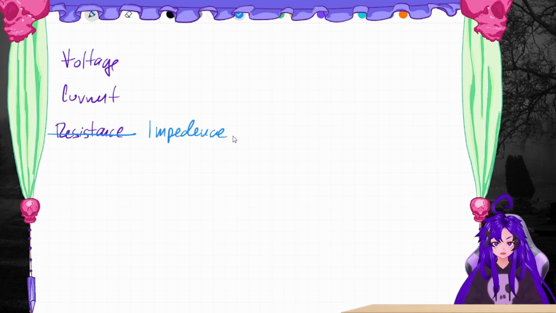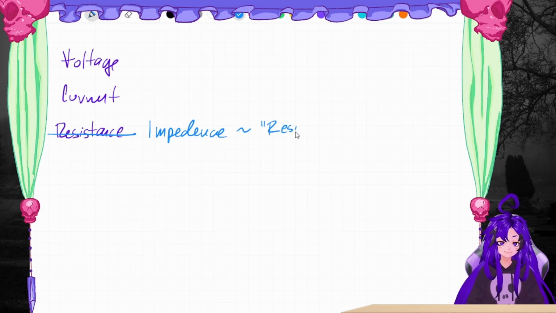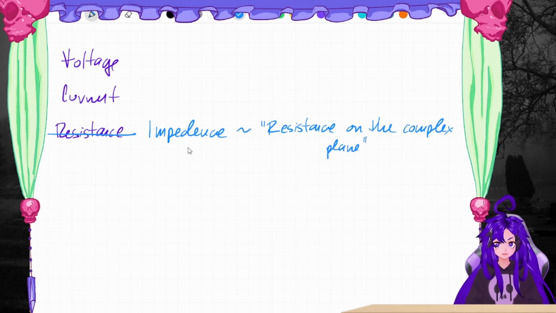And that's because impedance is the same thing as resistance. Impedance is literally resistance on the complex plane. They're the same thing, it's just that resistance only has a real component.